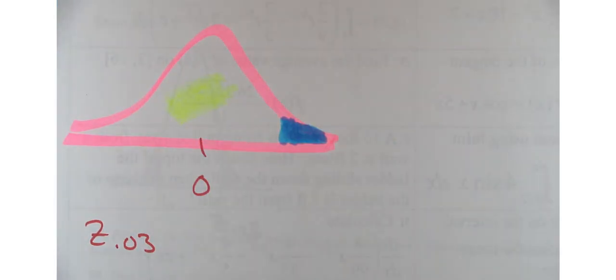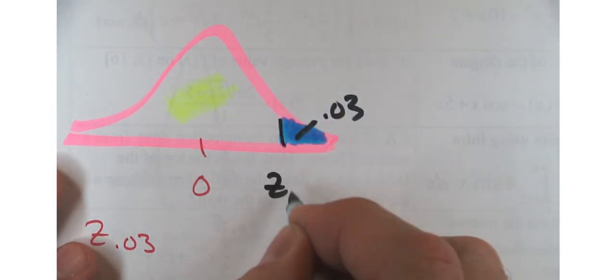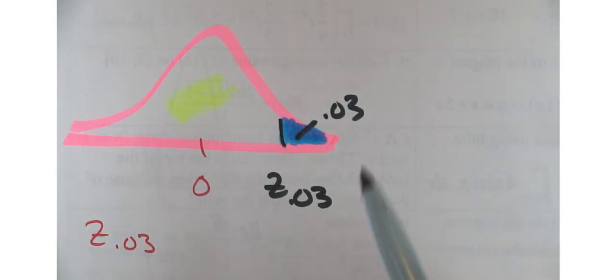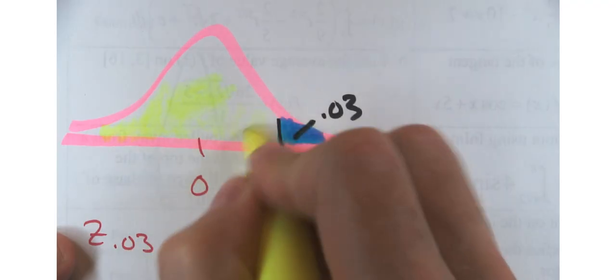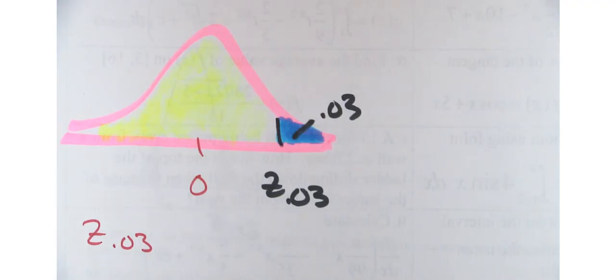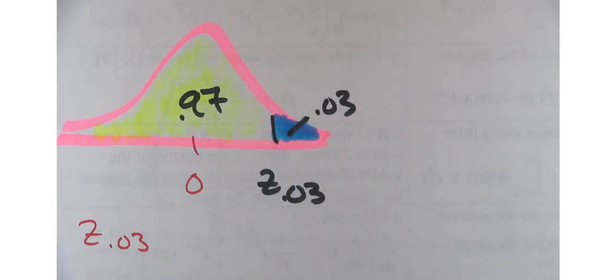So if 3% is in the right tail, then what percentage of the area is in the left tail? There you go, 97. 97% of the area is in the left tail. And you have to figure out the area in the left tail because that's how this command works.